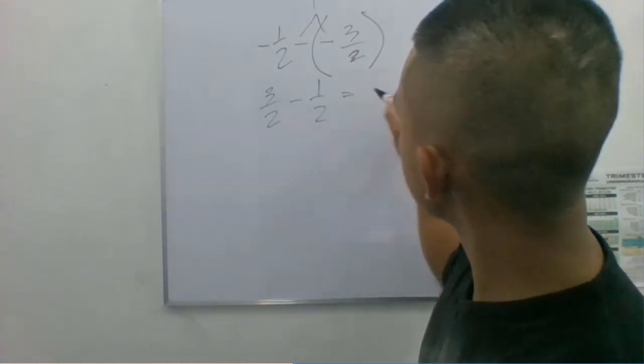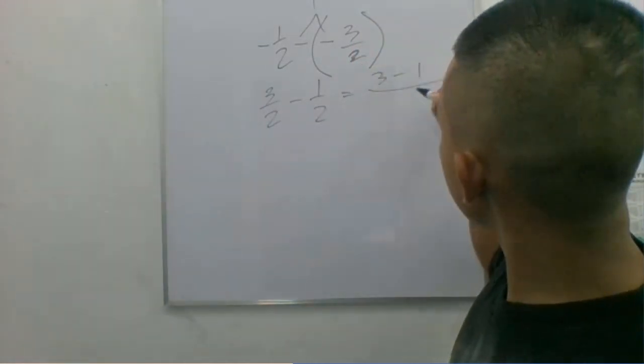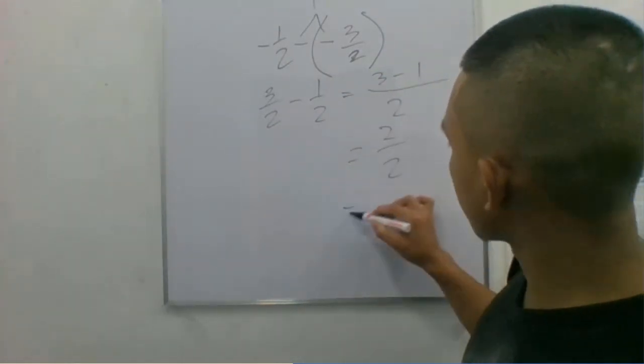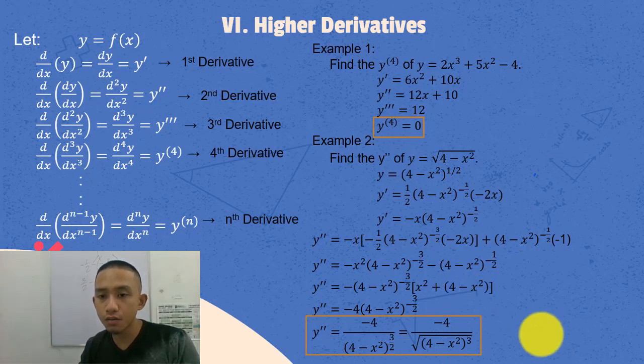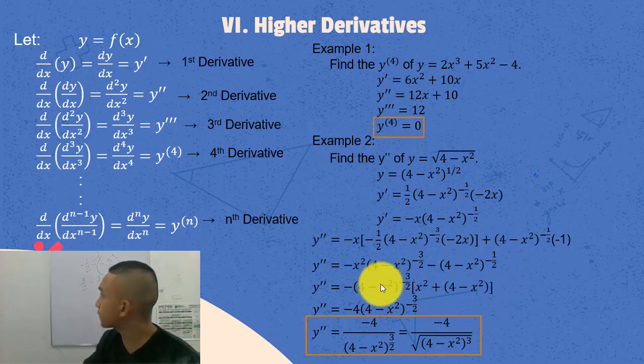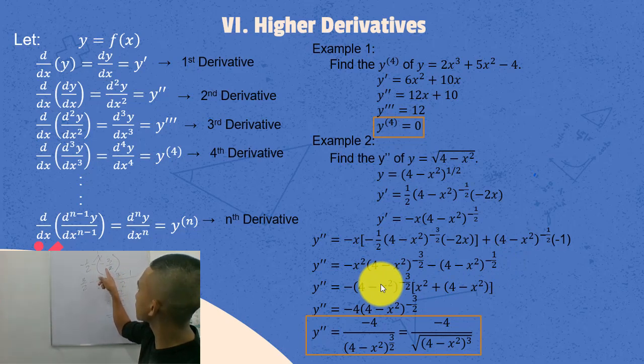The same denominator: 3 minus 1 is 2, that is 2/2, or that is 1. So that's how we ended up here with exponent 1. Did you understand that again? Originally, we have there negative 1/2. But we factored out negative 3/2. Therefore, I will subtract negative 3/2. If I am subtracting a negative, that will make it plus.